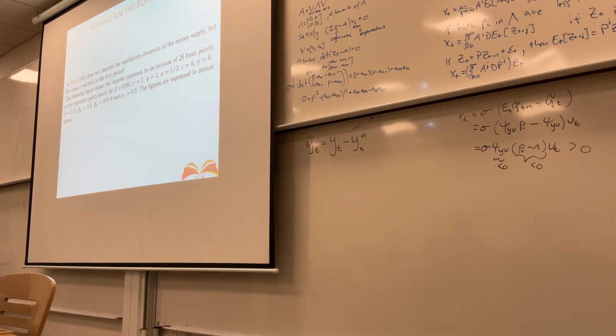We're going to look at the impulse responses of an increase in the monetary policy shock of 25 basis points for a set of parameters. We have phi pi greater than 1, equal to 1.5. We have a response to the annual output gap of 0.5, which at the quarterly value we divide through by 4.